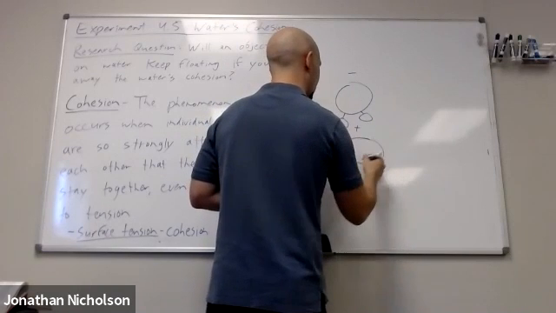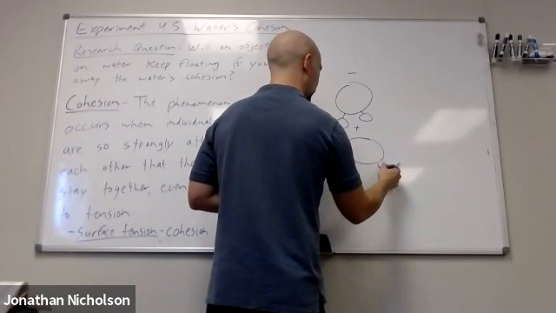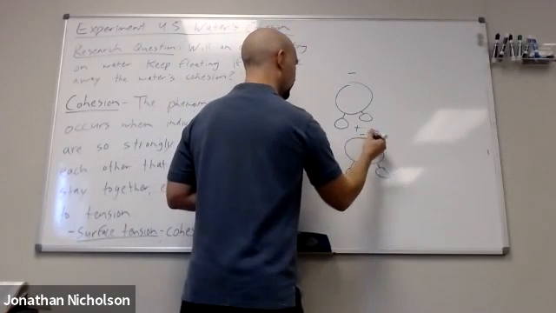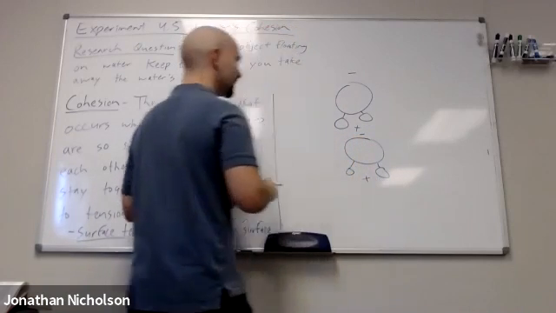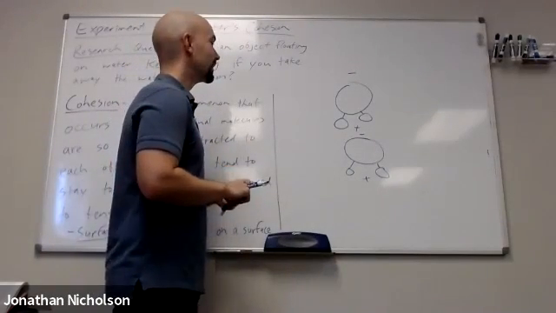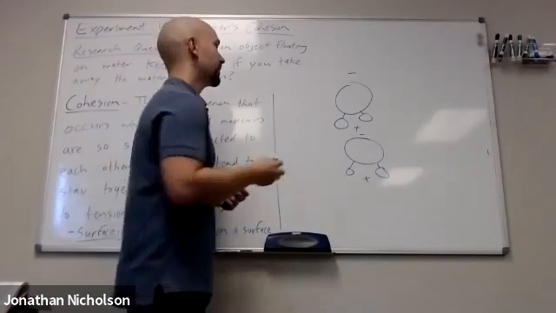Then when they come in contact with other water molecules, what happens if you have a positive and a negative charge of something near each other? An explosion. Nope. Well, no, they attract. They attract, yes. So like charges repel each other.